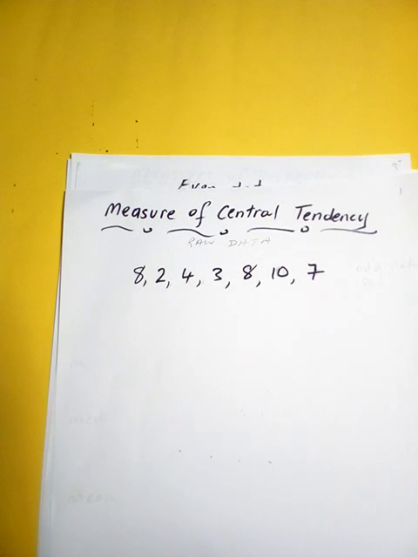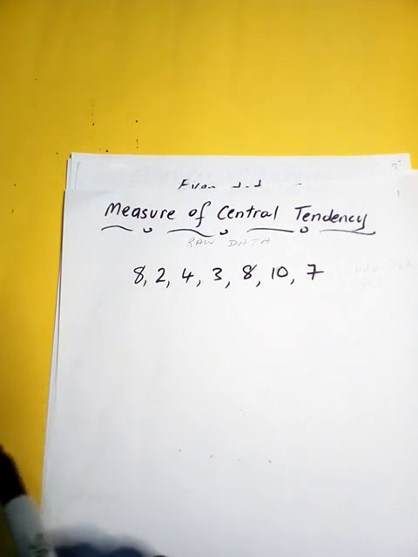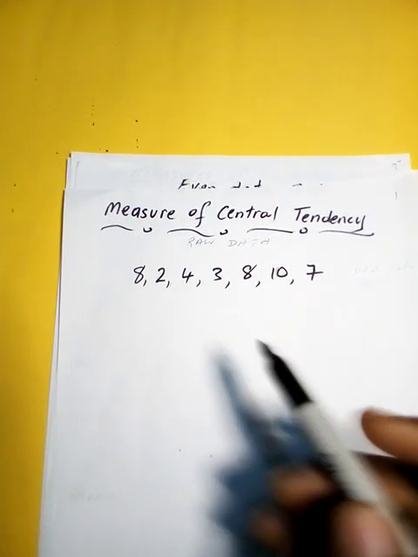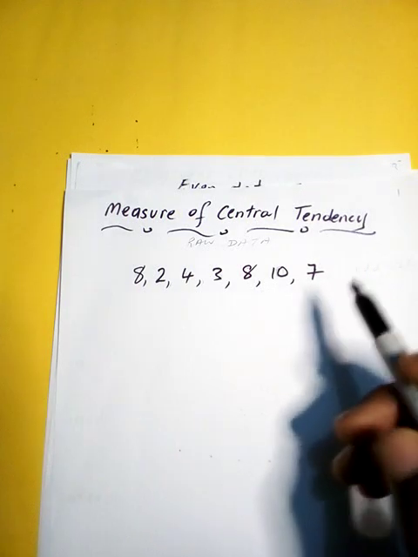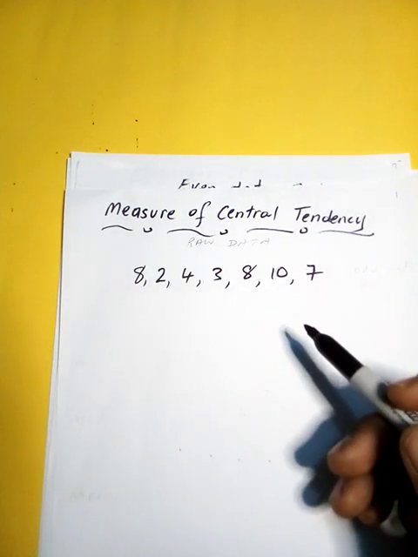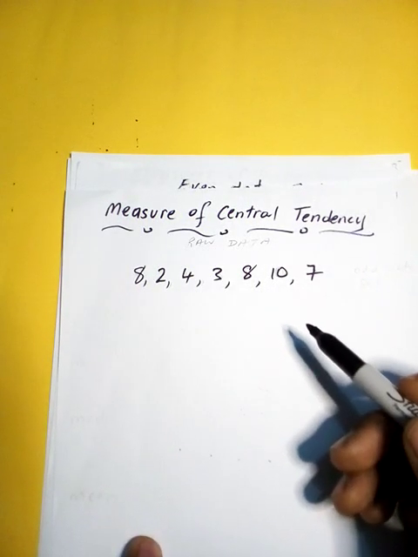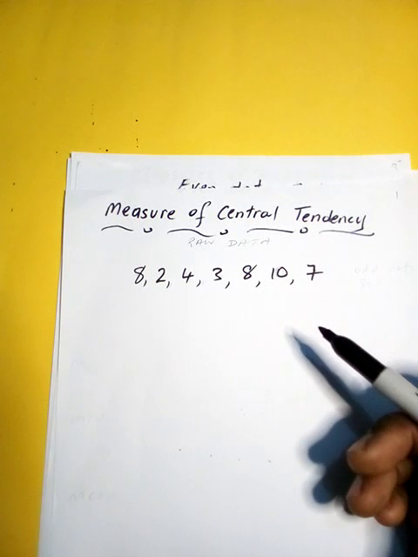But there are other averages that we can use. Not only the mean, another method is called the mode and the median. Oftentimes we hear about average and we don't think about mean, but there are really three types of averages right here: the arithmetic mean, the mode, and the median.